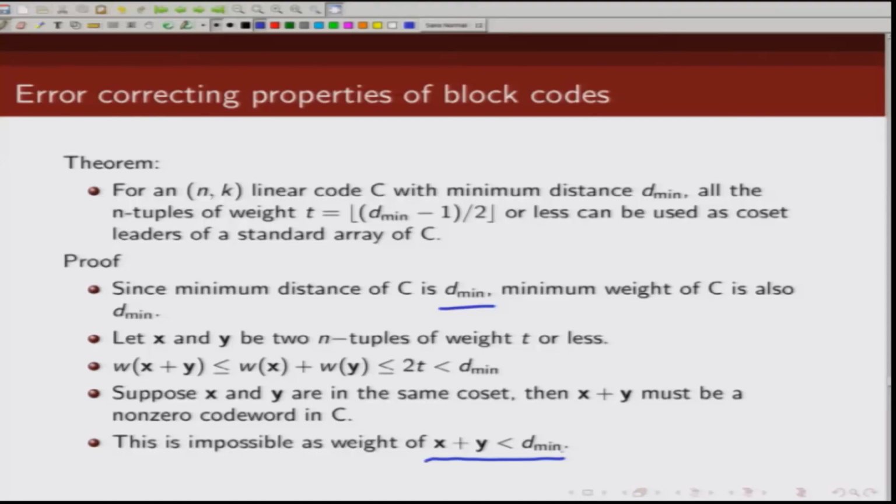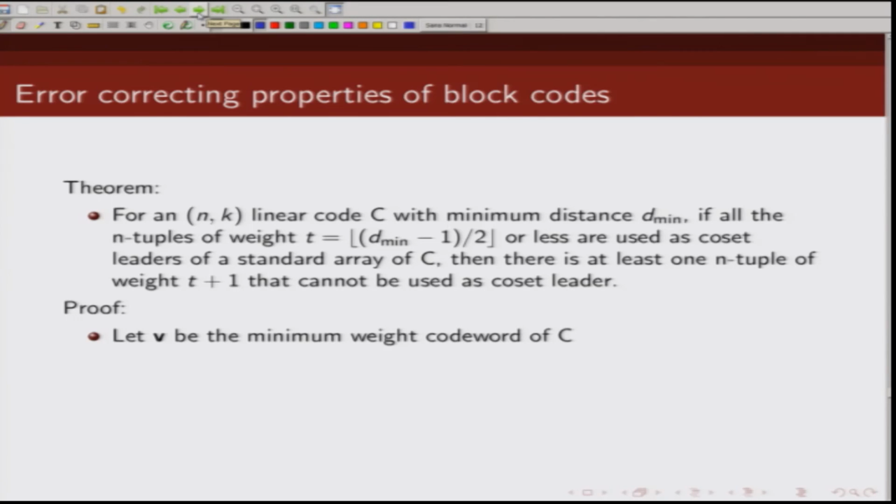So, this proves our result that all n-tuples of weight t or less can be used as coset leaders in the standard array. And we know that if we use them as coset leaders, those are our correctable error patterns.